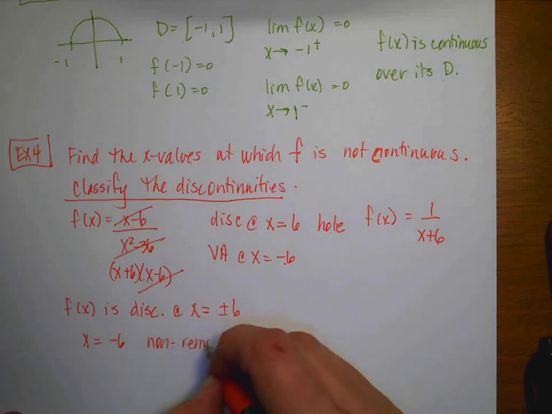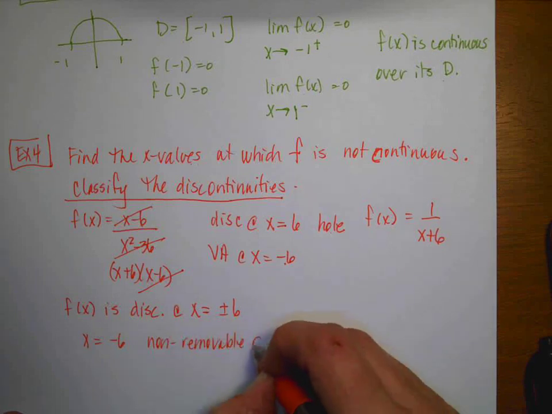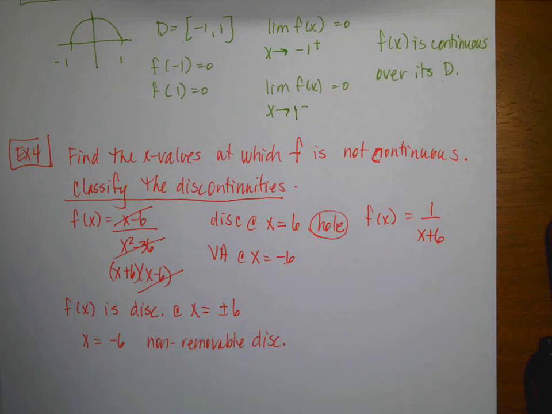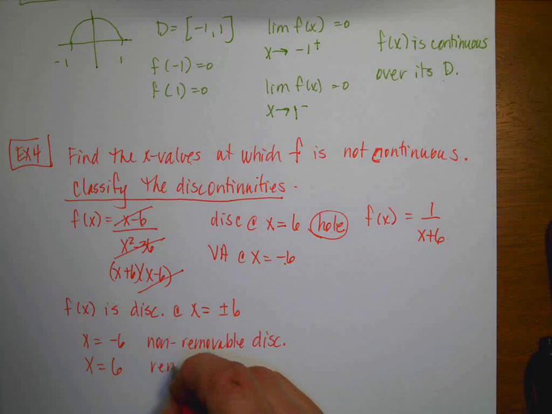X is equal to negative 6 is a non-removable discontinuity. Saying that it's a hole is appropriate because it describes what happens to the graph, but this is the appropriate notation because that says what actually is the type of discontinuity.